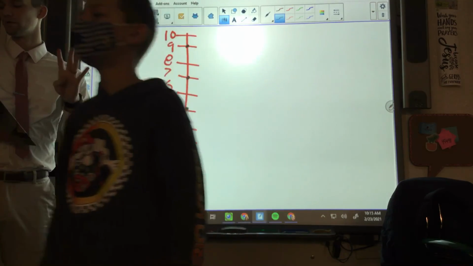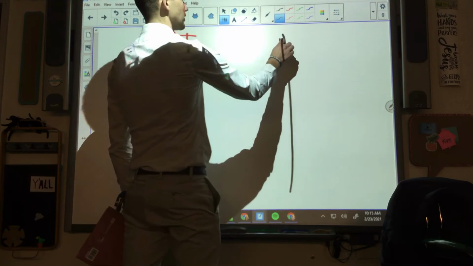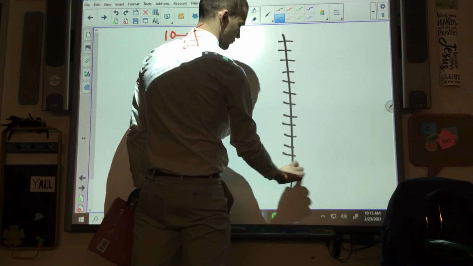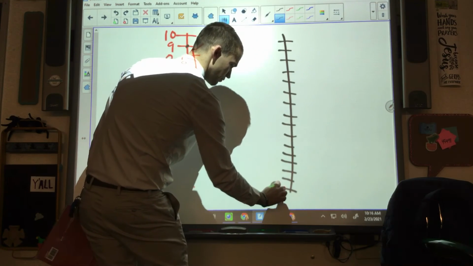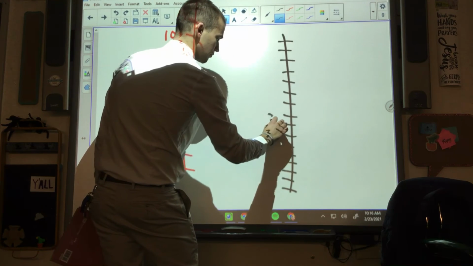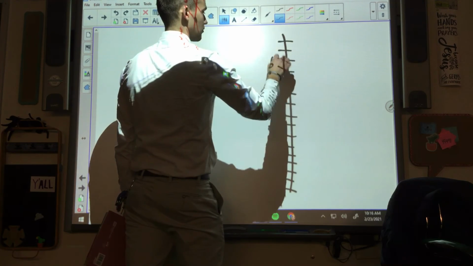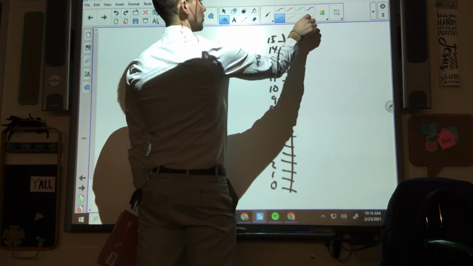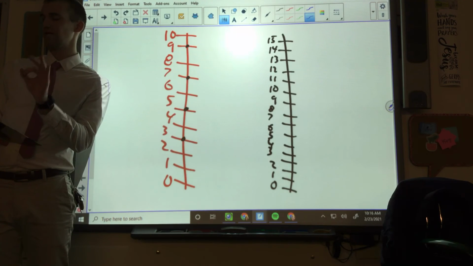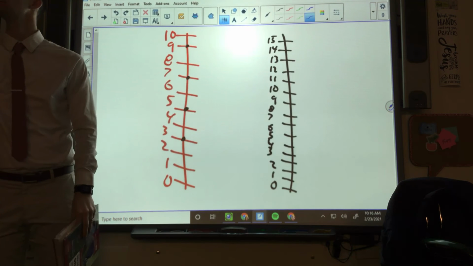Number 4. Positive odd numbers less than 15. Again, positive odd numbers less than 15.